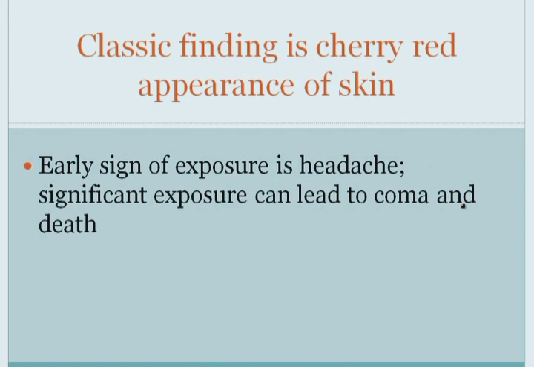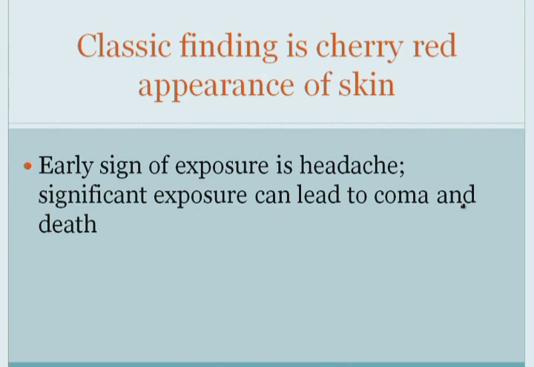The reason the skin looks cherry red is because the hemoglobin is so tightly bound that it reflects the red light and creates this red appearance to the skin. However, it's deceptive because the patient actually is hypoxic because they aren't carrying oxygen to their tissues. So although they look very red, they're not getting good oxygen delivery to the tissues.